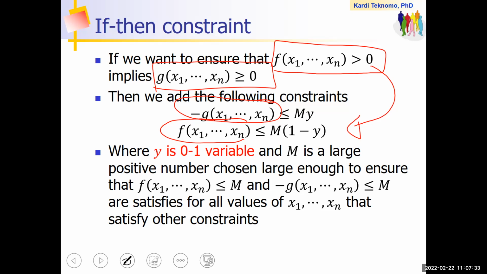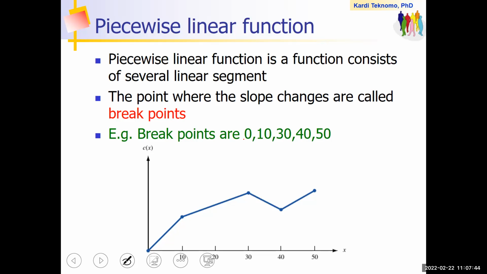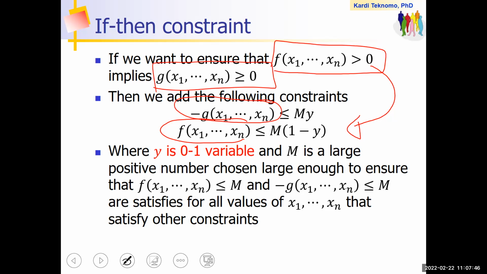So y again is 0, 1 variable, and m is again a large number. Using this technique, you can solve various types of constraint. One is OR constraint, the second one is if-then constraint.